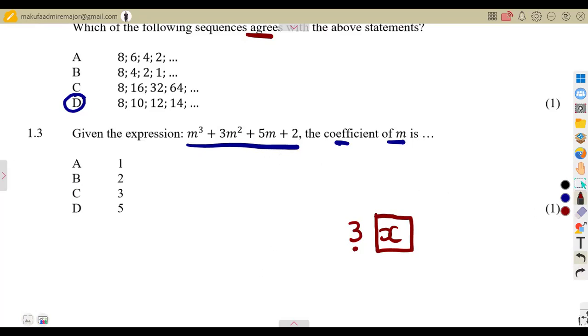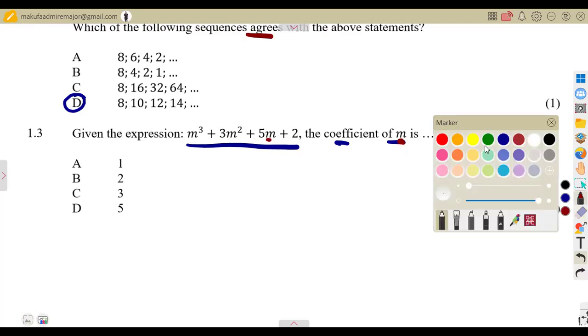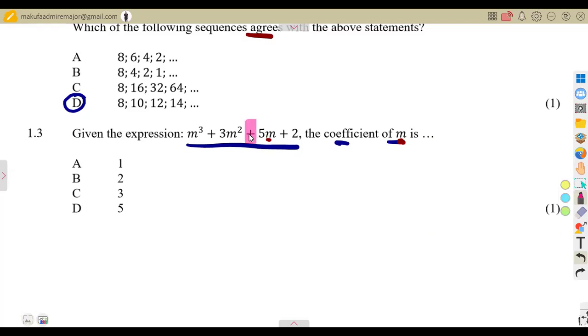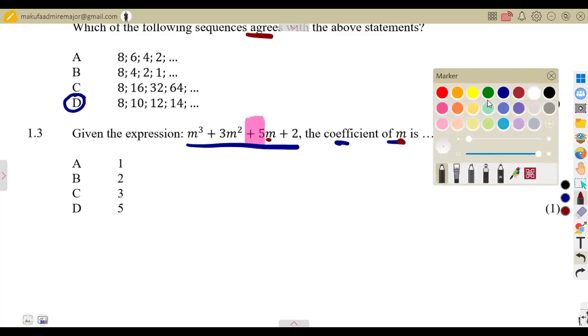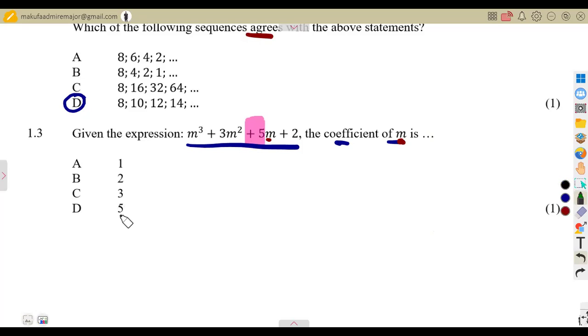So we need the coefficient where there is m. Take note, this is where we have m. We are considering the number that is affecting the m, this number here. So it's +5. So where are we having a +5? That is on D. Just like that.